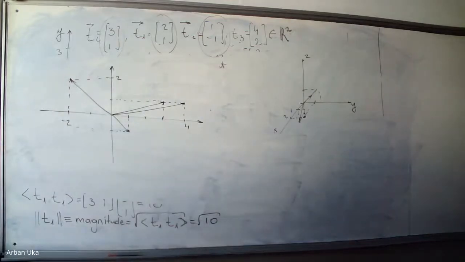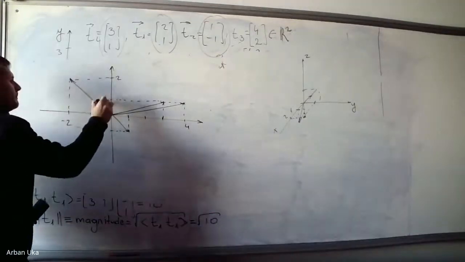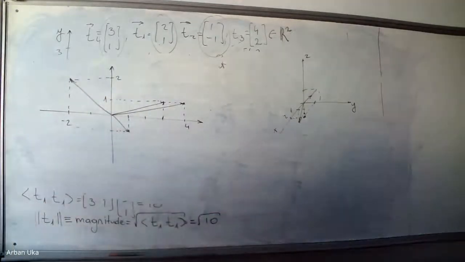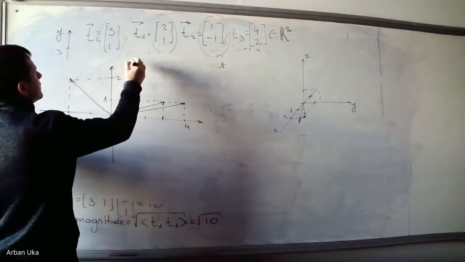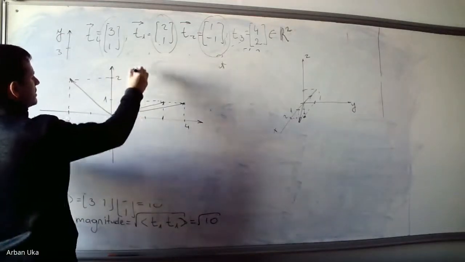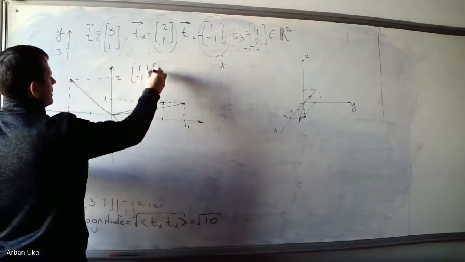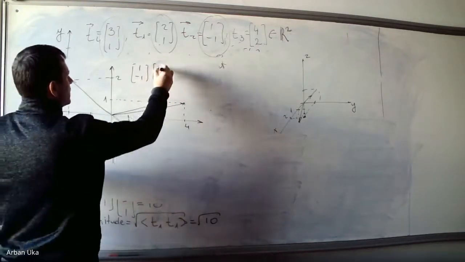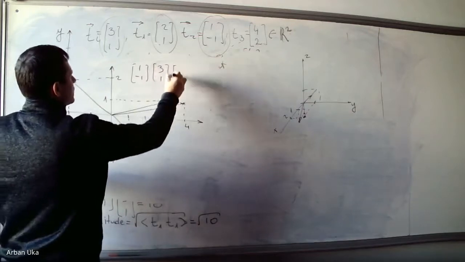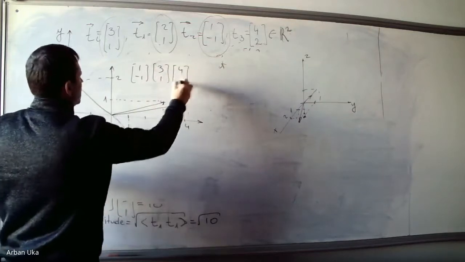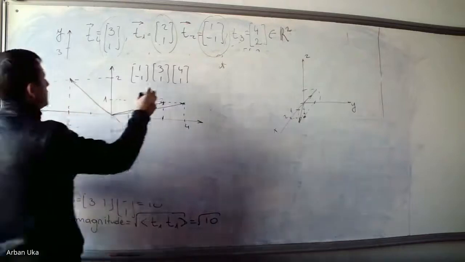We can also define another vector. Let me think about it. Actually, let's write these vectors here for a moment. What did we write here? This was 1 minus 1. What was the other one? 3, 1. The other one was 4, 1. We have minus 2, 2.